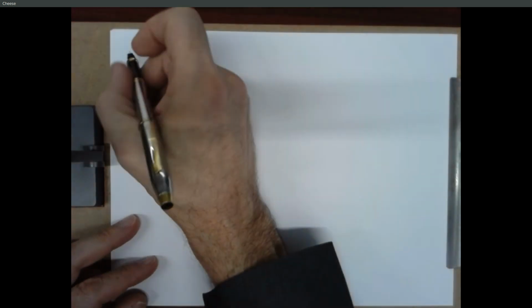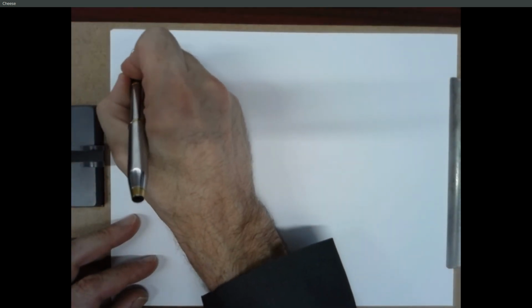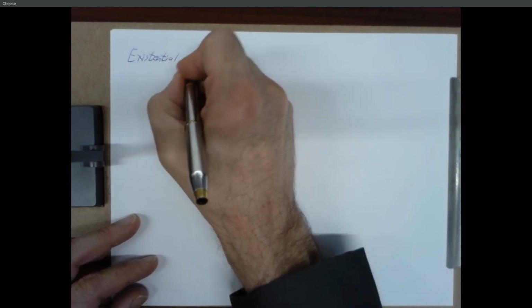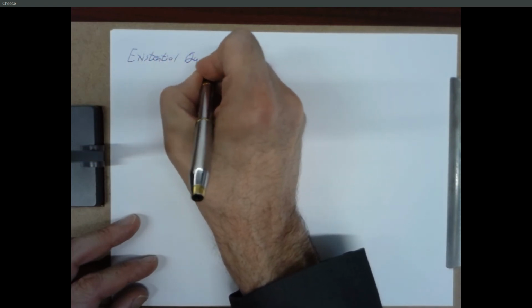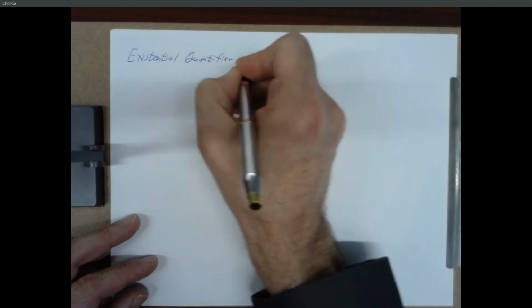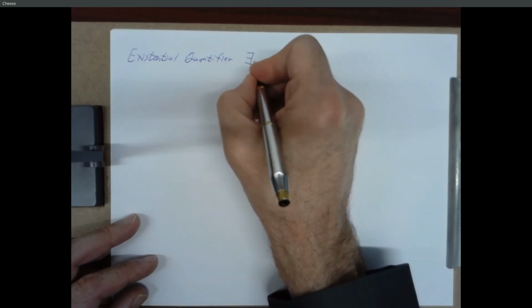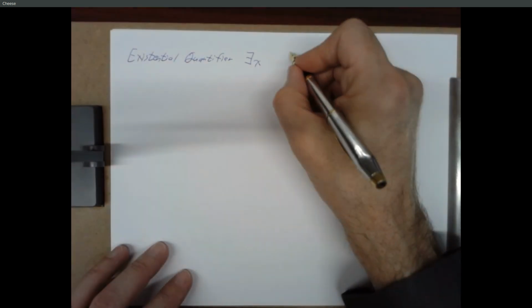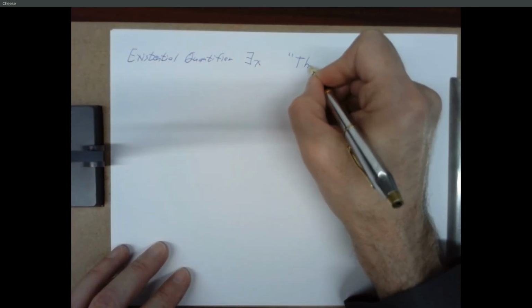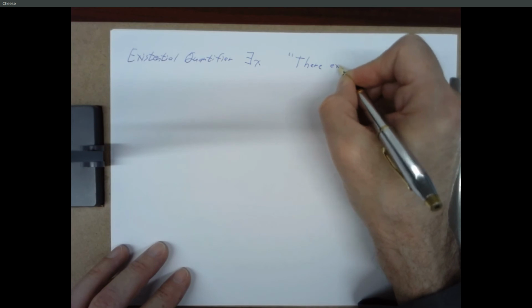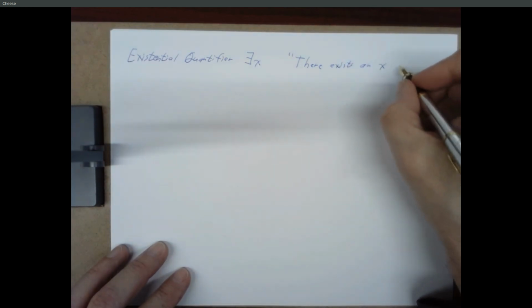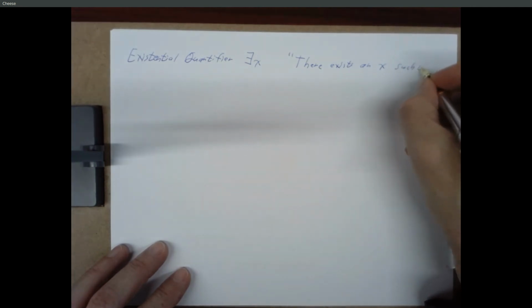There's also the existential quantifier, which we write as a backwards e, followed by the name of a variable, and we can read this as there exists an x such that.